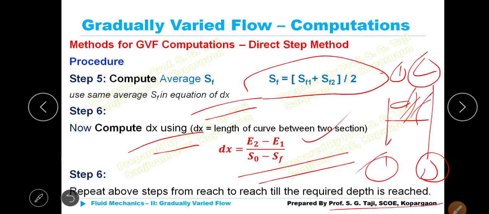After that compute SF, then compute dx using the equation dx is equal to E2 minus E1 divided by S0 minus SF. Repeat the above steps from reach to reach till the required depth is reached.